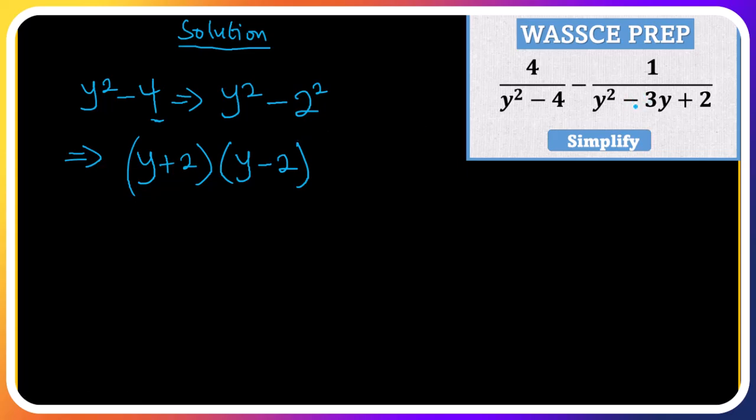Now let's move on to the denominator for the other fraction, which is y squared minus 3y plus 2. This is also a quadratic expression and we can find its factors. Now the product, which is the coefficient of the first term, which is 1, by the constant term, 2, gives us 2.